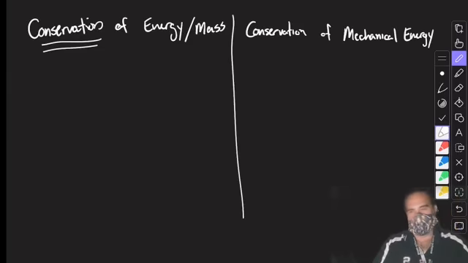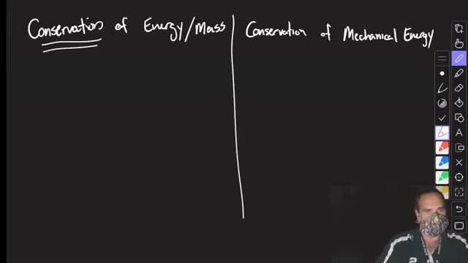And this is far more specific. Conservation of mechanical energy states that in a system in which only mechanical forms of energy exist, the total mechanical energy remains constant.